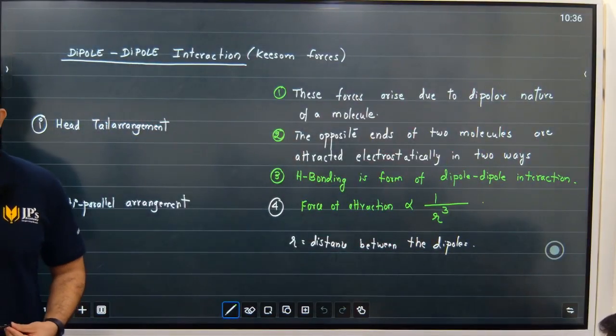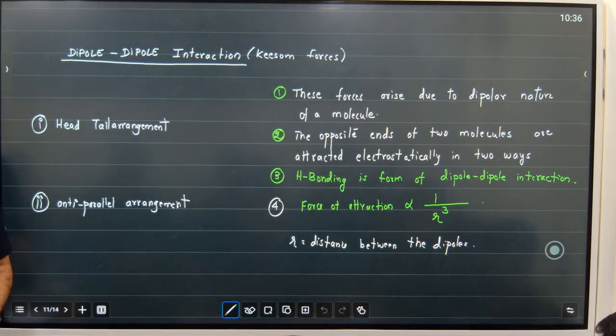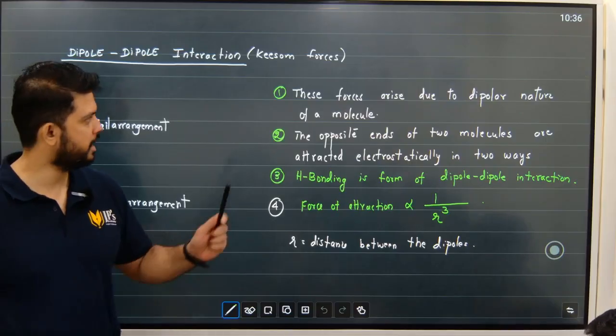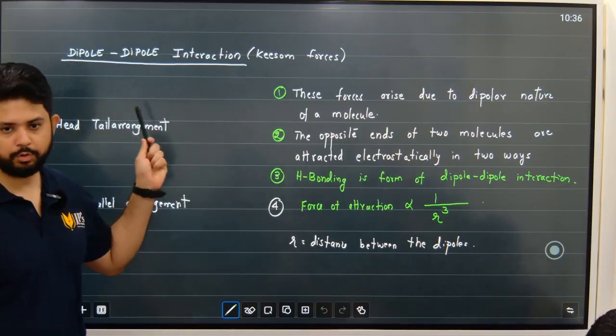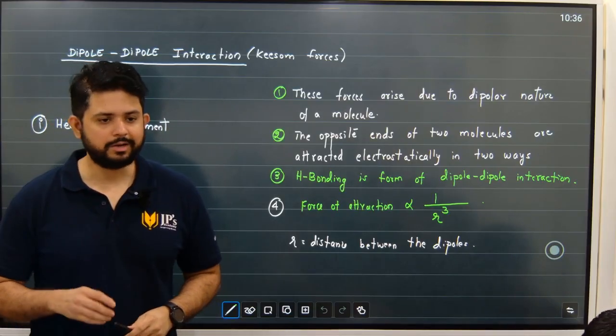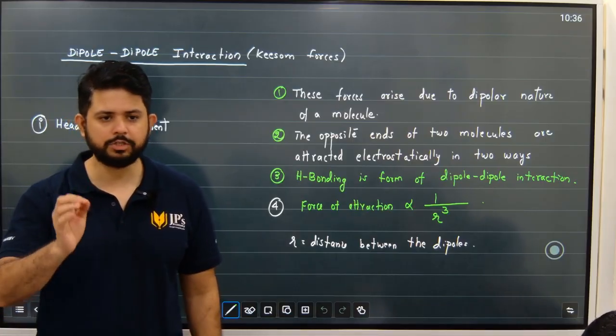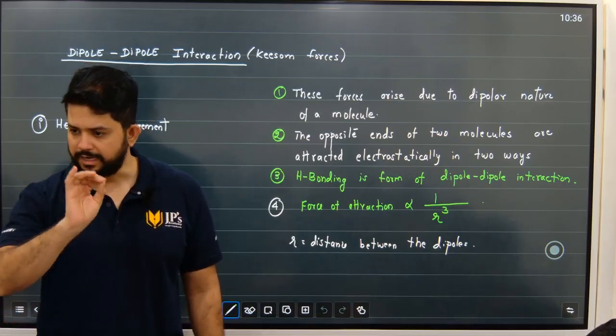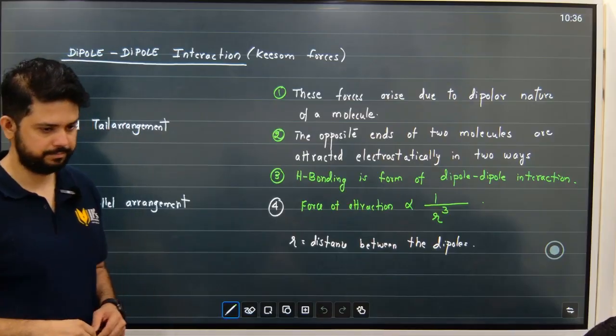Okay, we now move towards van der Waals forces. So the first van der Waals force that we are going to study, students, is called as Dipole-Dipole Interaction. Now Dipole-Dipole Interaction is something जो हमने hydrogen bonding में already पढ़ लिया है. Hydrogen bonding is nothing but an interaction between two dipoles.